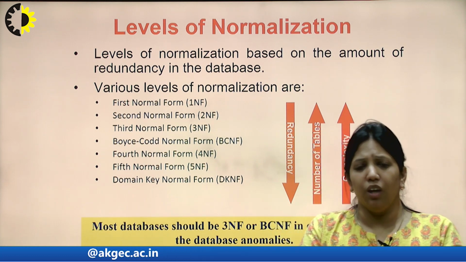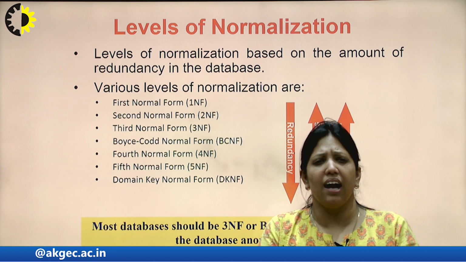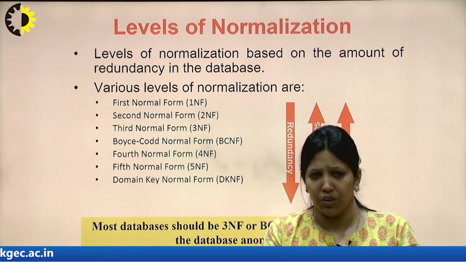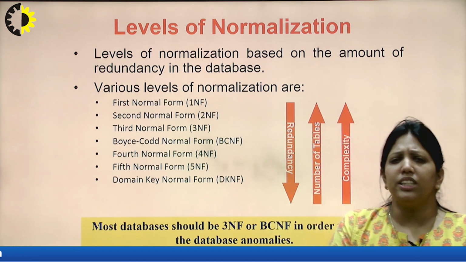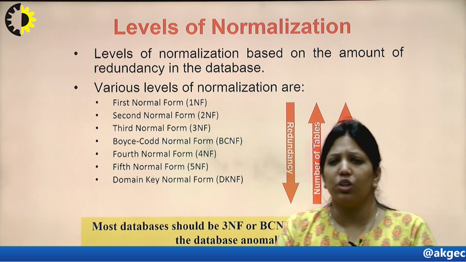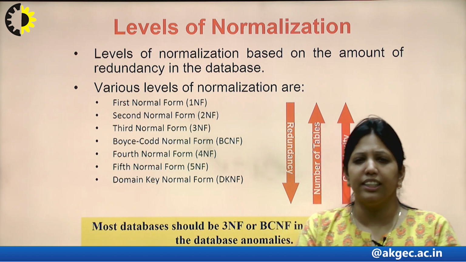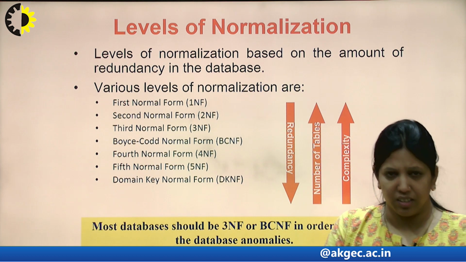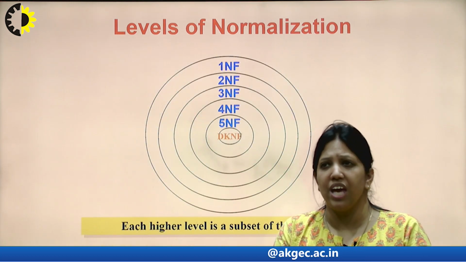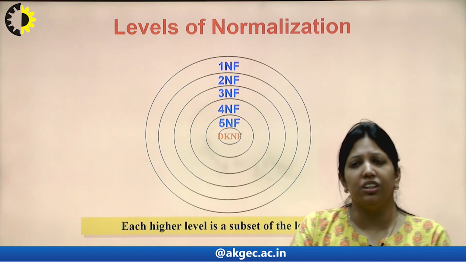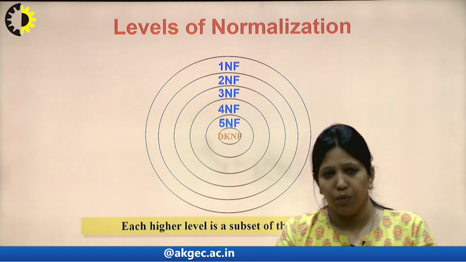The lowest level is the first normal form and the highest level is the domain key normal form. Most databases should be in the third normal form or BCNF in order to avoid database anomalies. In most companies, we normalize the data up to the third normal form or BCNF.